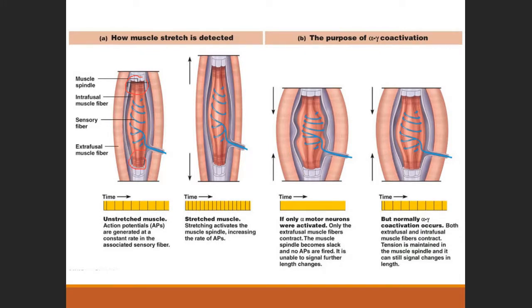So even though the muscle as a whole gets shorter, what we've done was maintain the overall length of the muscle spindle. So as you're shortening the muscle and lowering that dumbbell back down, the muscle spindle doesn't detect that as stretch. Because remember, it's going to be really sensitive to quick stretch.